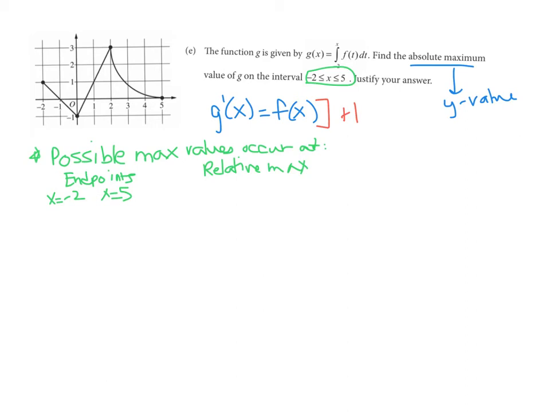So my relative maximum value is going to be where g prime changes from positive to negative. And that actually is, if you remember that g prime equals f, this point right here, I have a relative max at x equals -1.